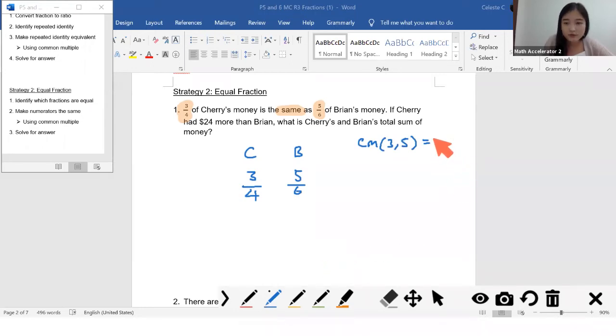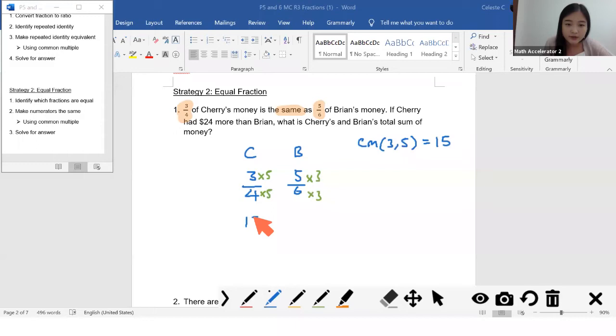Okay, thank you. 15. Right, so multiply such that we have 15 times 3 and times 5. Alright, so now that you've done this, let's rewrite our fractions.